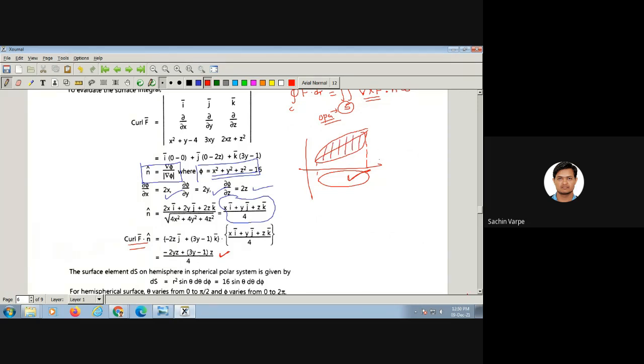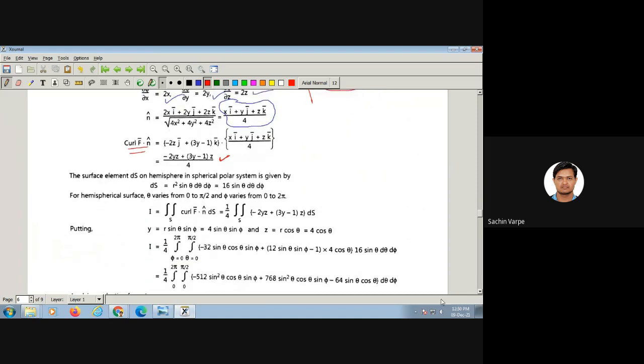That is the projection formula. So with the help of the projection formula also we can get the area element. But here the surface ds is on a hemisphere in a spherical polar system.